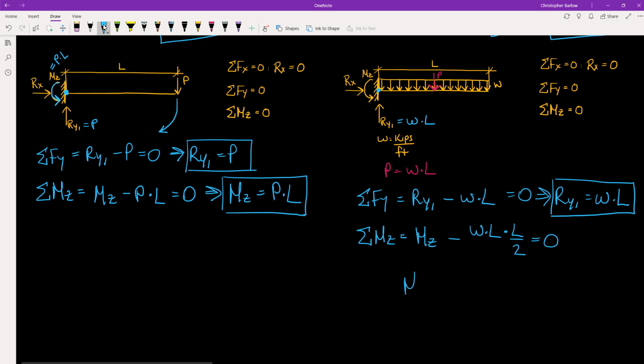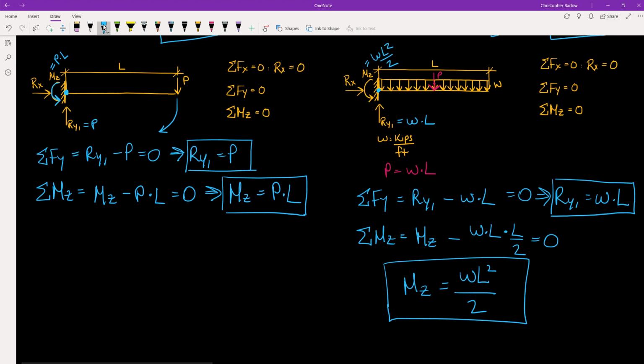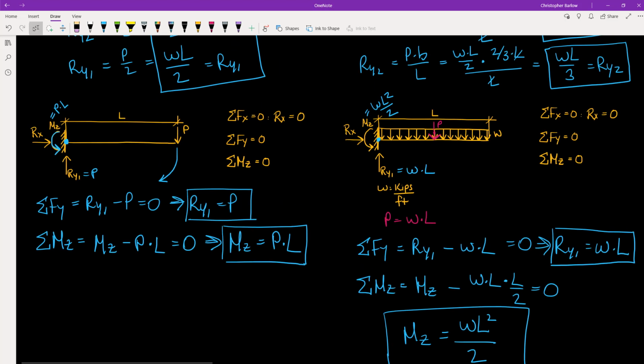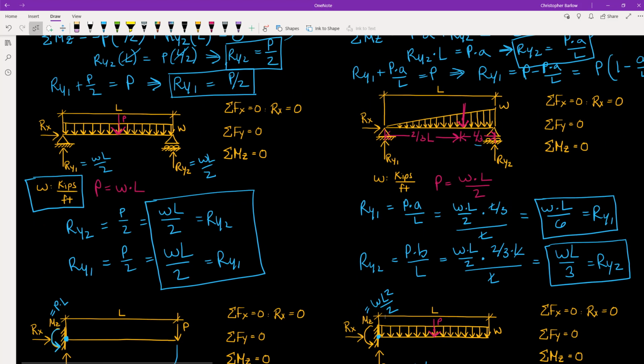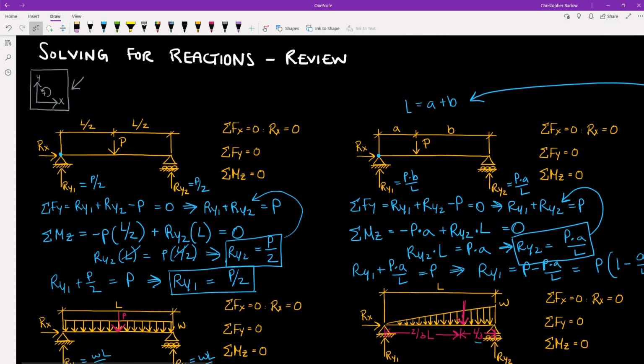And that gives us mz equal to WL squared over 2. So now we have a few equations for reactions given various loading conditions.